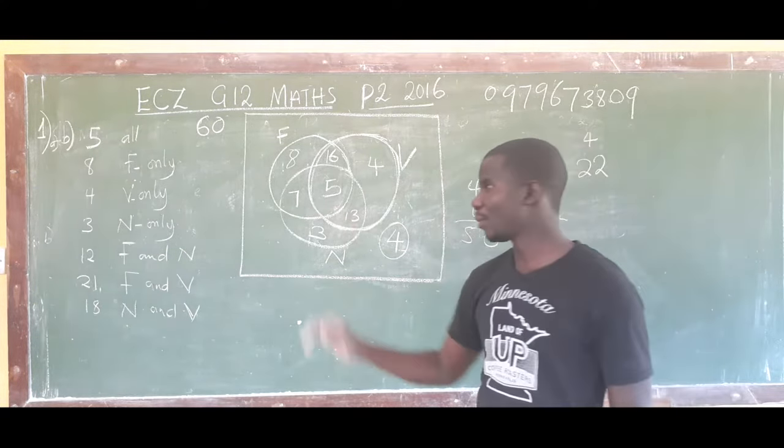This k is squared. I'm sure you're able to see. This k is squared here. Okay. So let's put a square. That's what I'm able to see there. This k is squared. Okay.